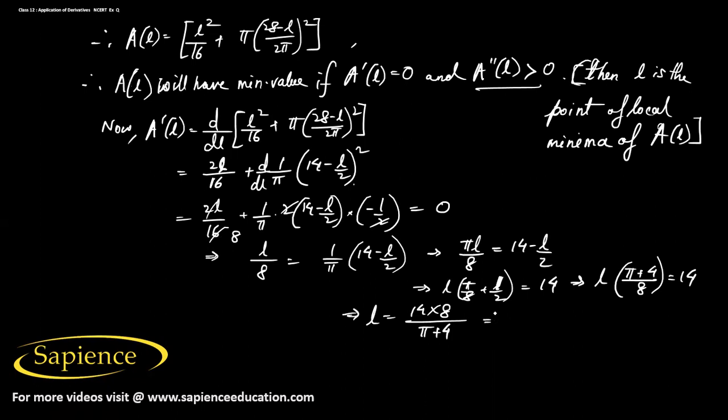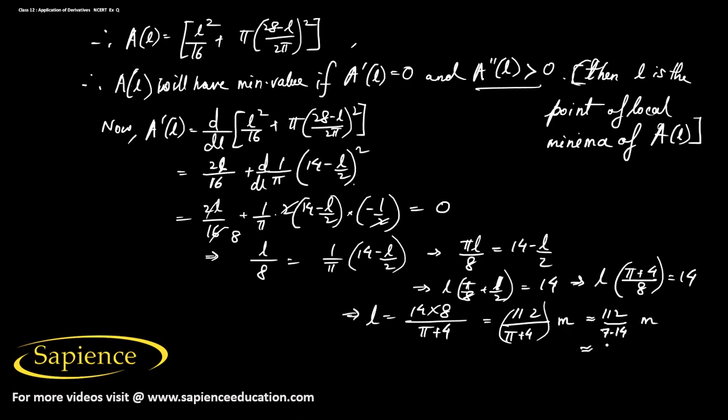Therefore, the length of one piece should be 14 into 8, that is 112 by pi plus 4 meters. Which is approximately 112 divided by pi plus 4, that is approximately 7.14 meters.